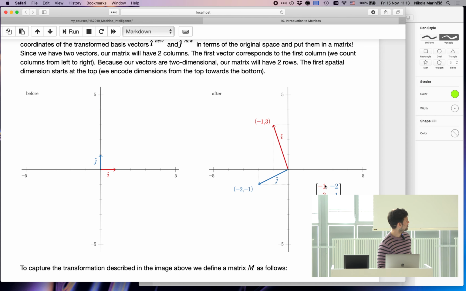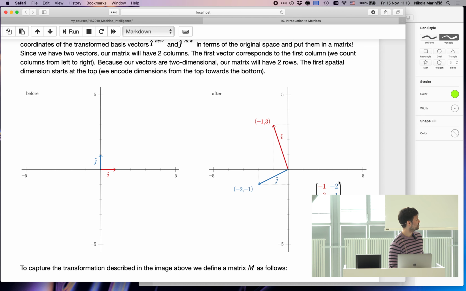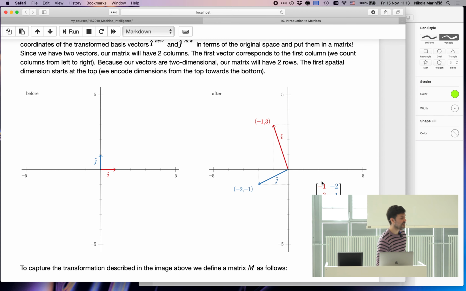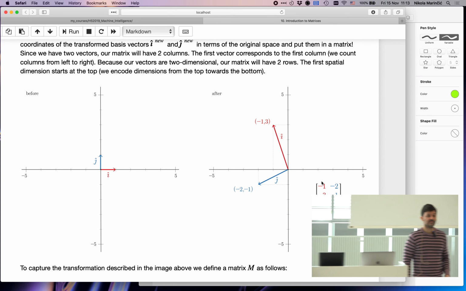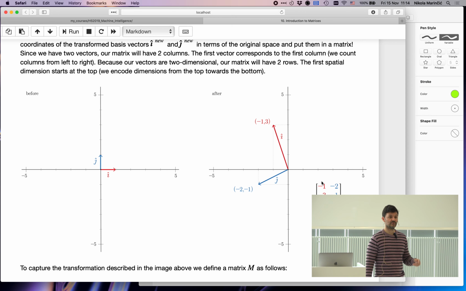And you just put this first vector as a column of the matrix, and you put the second vector as a column of the matrix, and these 4 numbers, in this order, are enough to describe the whole transformation of space. So this matrix, if you know how to compute with it, can be used to tell you where all the other elements go.